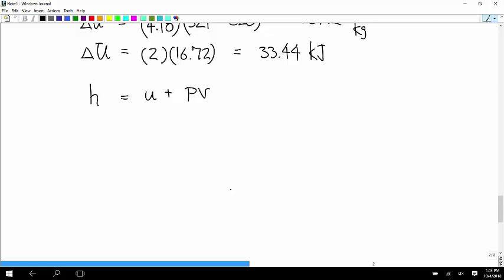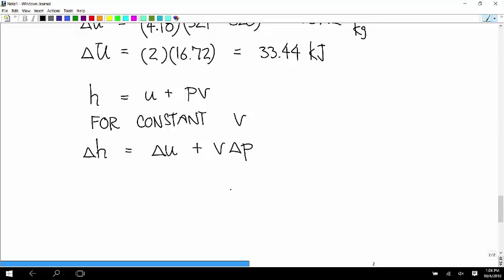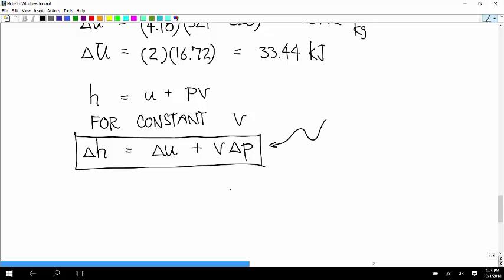And so for constant V, you can think of the change in enthalpy as being equal to the change in internal energy plus V dP. This is always true for the incompressible model. Always true for incompressible.